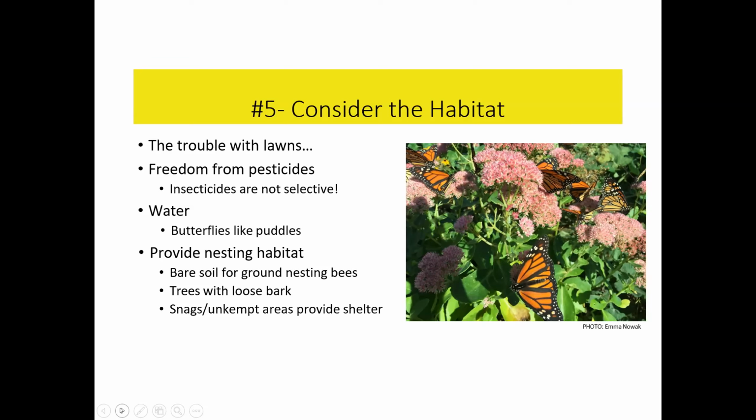So the bottom line: diversify, nurture what you have. Even if you have what you consider to be a lousy box elder tree or a lousy poplar tree, nurture it. It's adding something to the environment. Eliminate invasive species. Don't plant anything, and don't move anything around, that could be invasive.